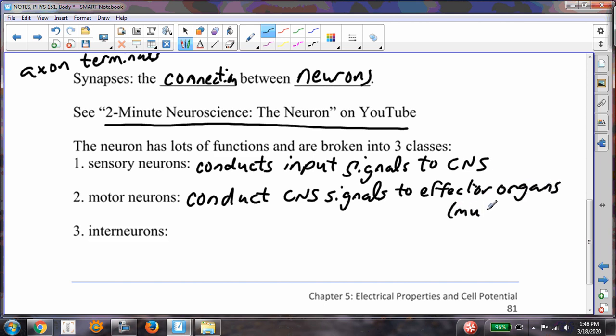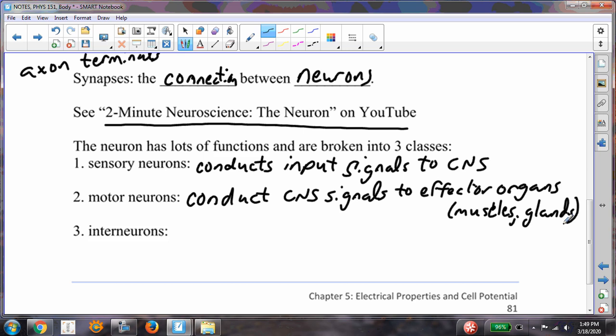Muscles, that's what we usually think of when we think of these motor neurons, but they don't have to be muscles, they can be glands as well. So if you have some central nervous system signal that's sent out to make your body warmer for fighting an infection or whatever, then it could send signals to your various glands.